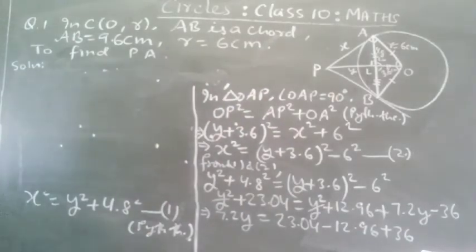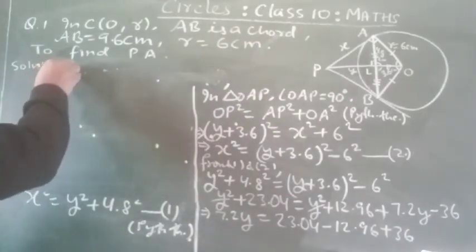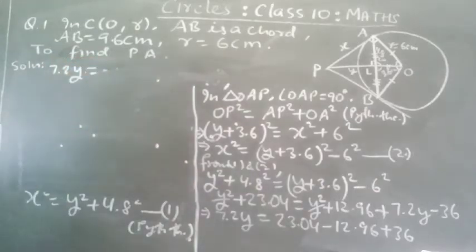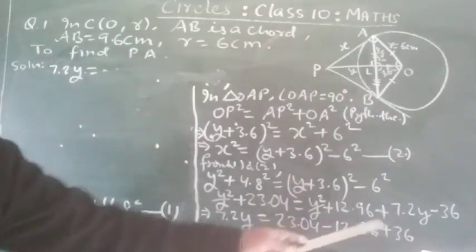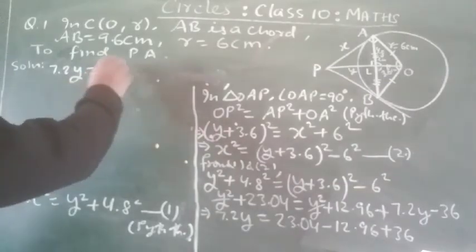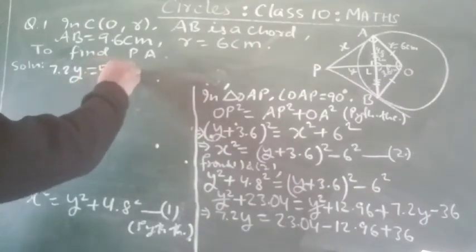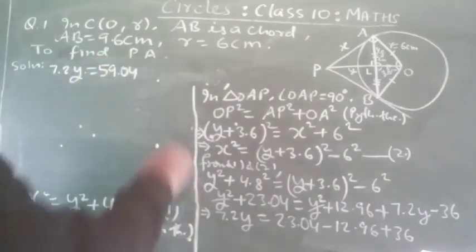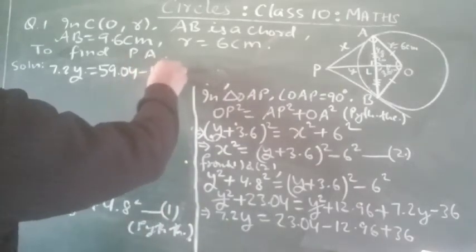So here it will be 7.2y equal to 23.04 plus 36, which is 59.04. Now 59.04 minus 12.96.